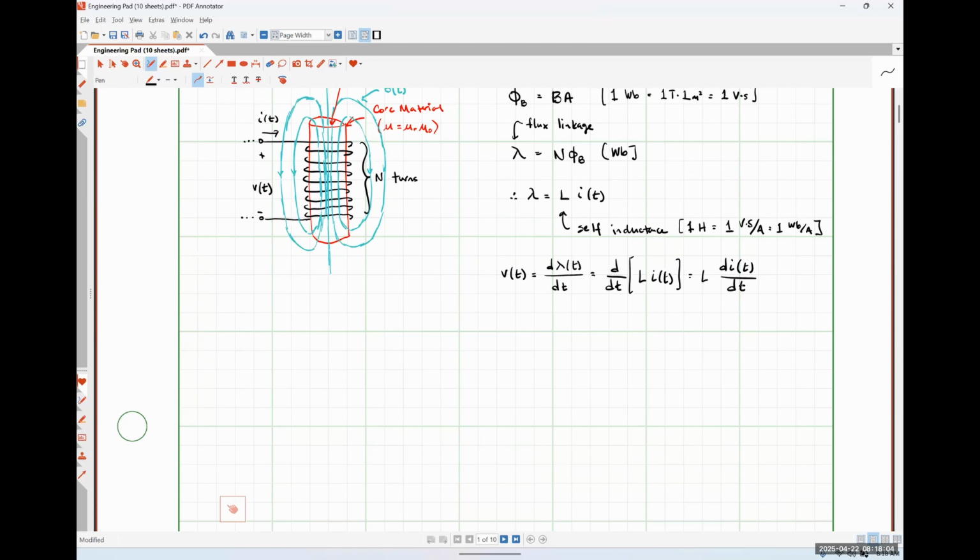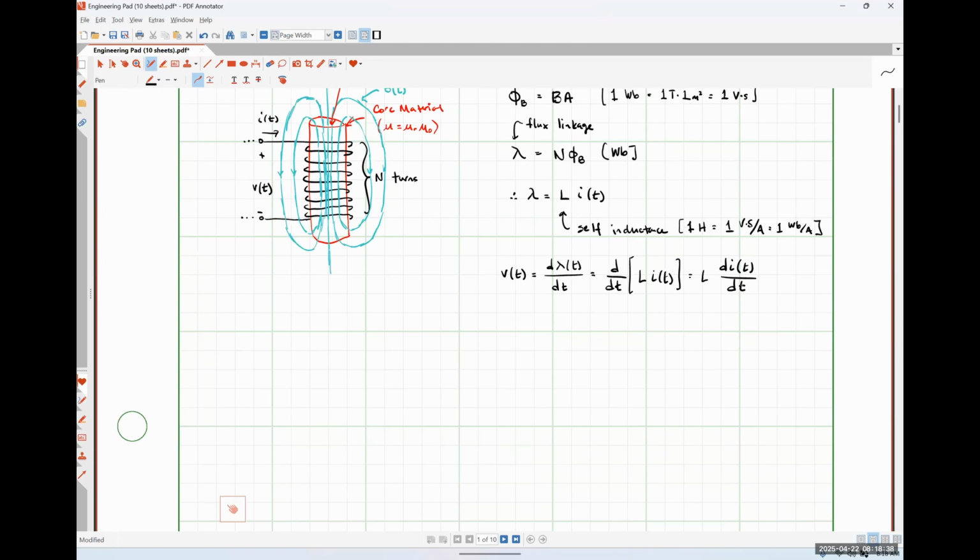Okay. This is something that we see literally every single day. Every current carrying wire, regardless of whether or not it's actually coiled up or not, is going to exhibit some level of inductance, including the wires in our walls and all of that kind of good stuff. But it's usually not until we actually coil the wire up in order to concentrate that magnetic field that we actually see any appreciable amount of energy storage, okay?